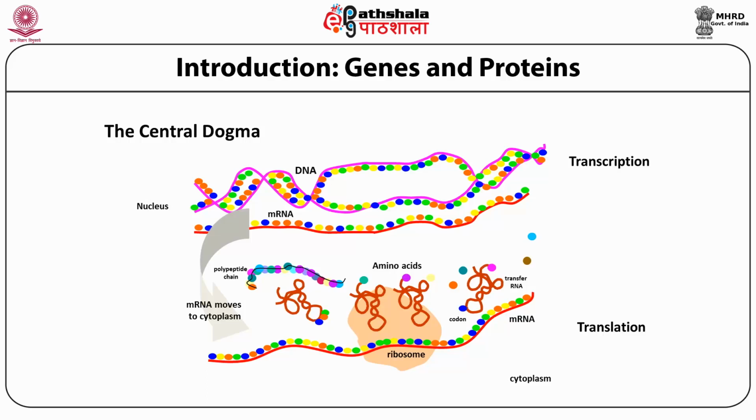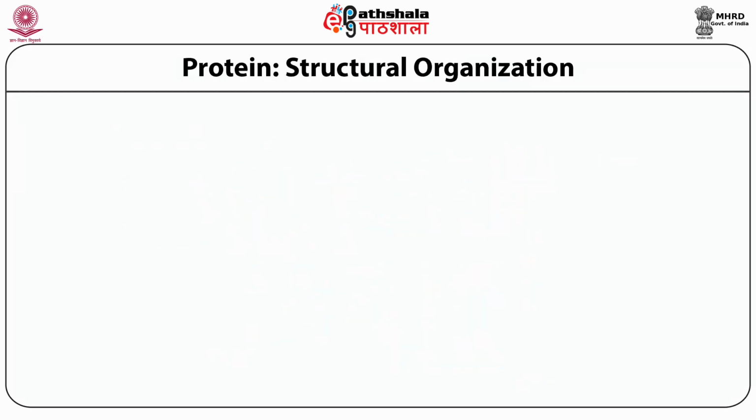The flow of information from DNA to RNA and finally to the protein, which is now a well-folded three-dimensional structure with a particular function, is a very fundamental principle of molecular biology and is called as the central dogma.